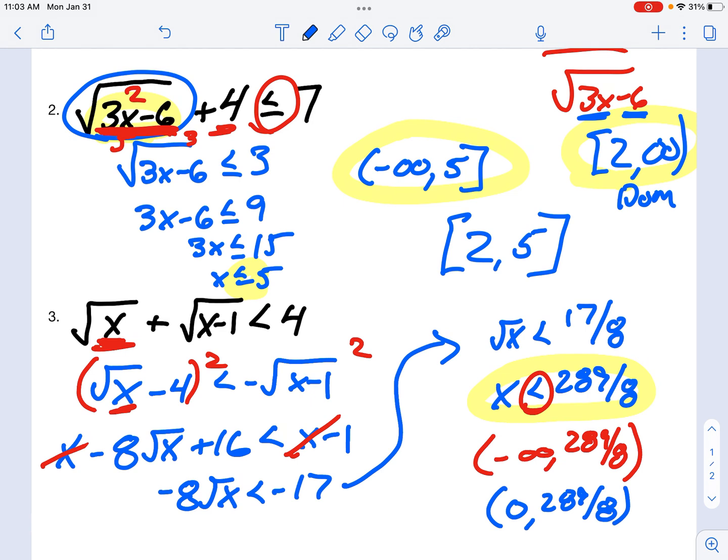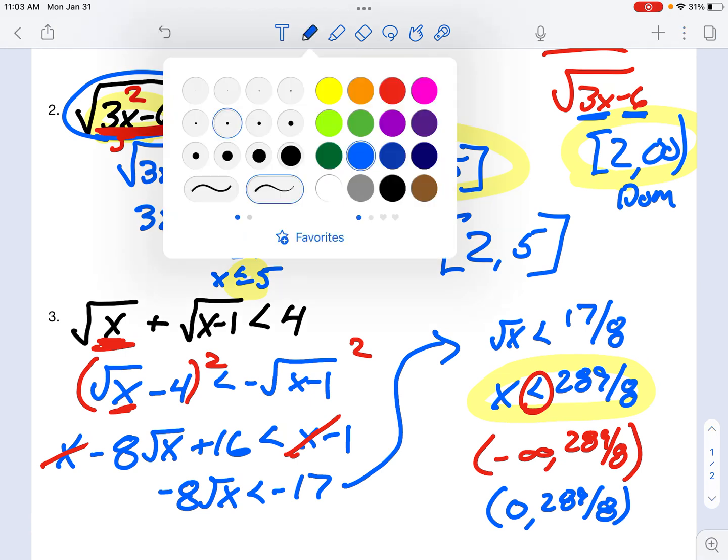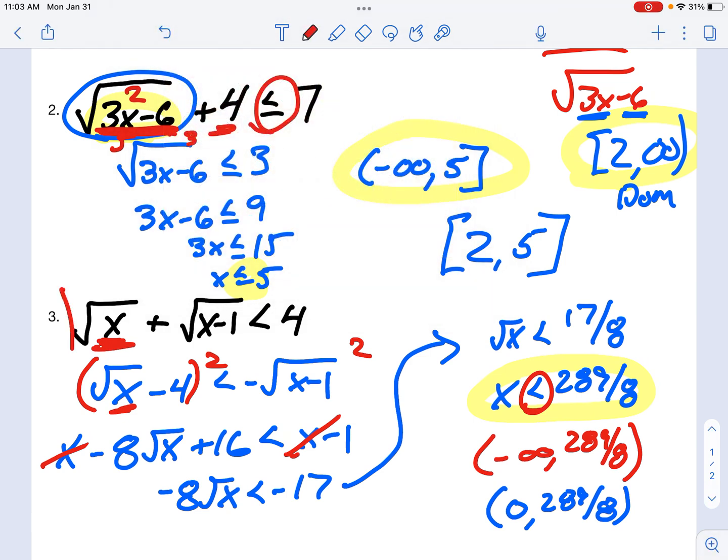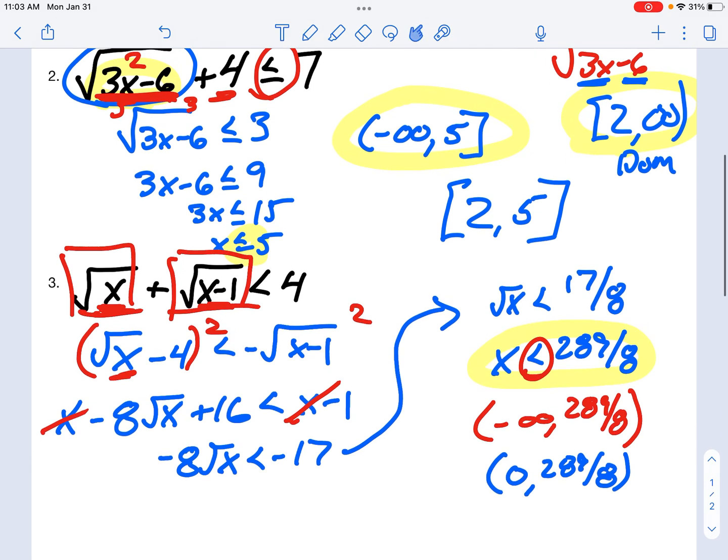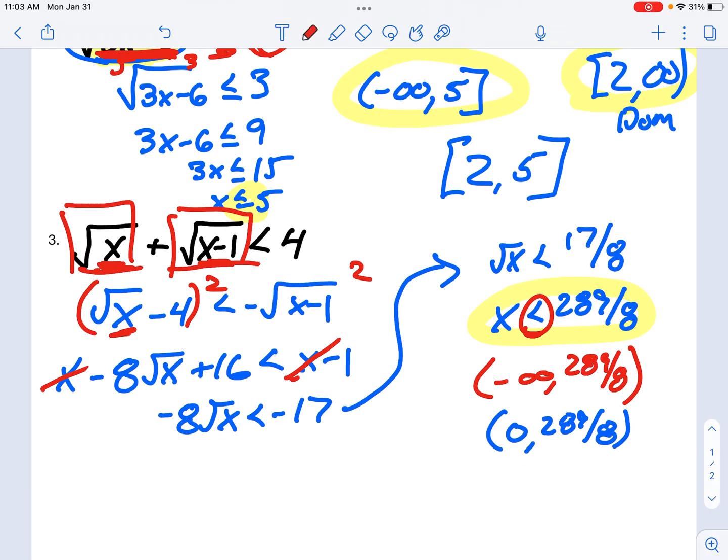But if that's my answer, I'm close, but still not right, because not only do I have to satisfy this first radical, I have to satisfy the second radical as well. And I can see that if I look here, I'm not allowed to put a number between 0 and 1 in, because that would also result in a negative. So finally, that leads me to my right answer, let's go ahead and put that in blue.